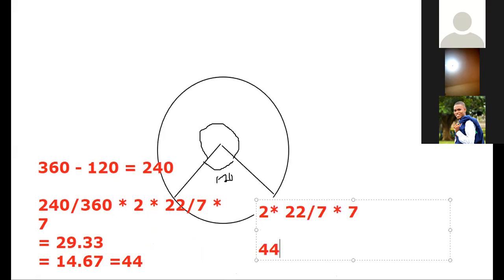And that will give us 44. You can punch on your calculator. Is that okay? So that makes the bigger arc and the smaller arc. When you add them, you'll be getting the what? The full circumference. That's 44 centimeters. I hope that's okay. So we'll go through one more time.